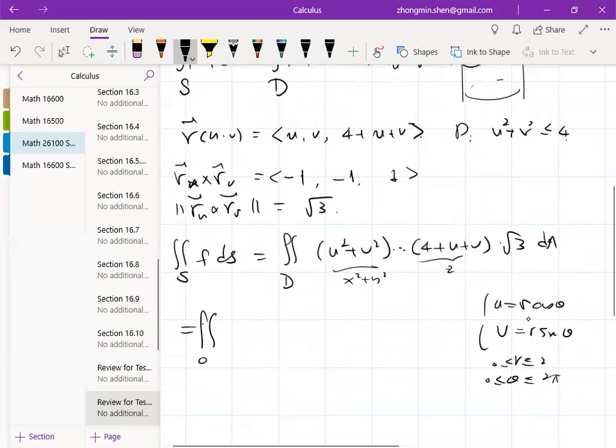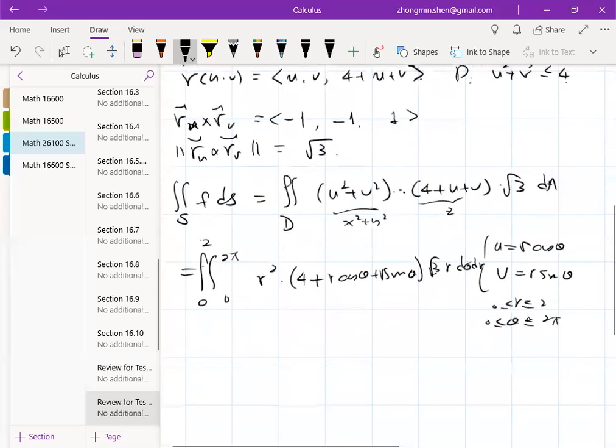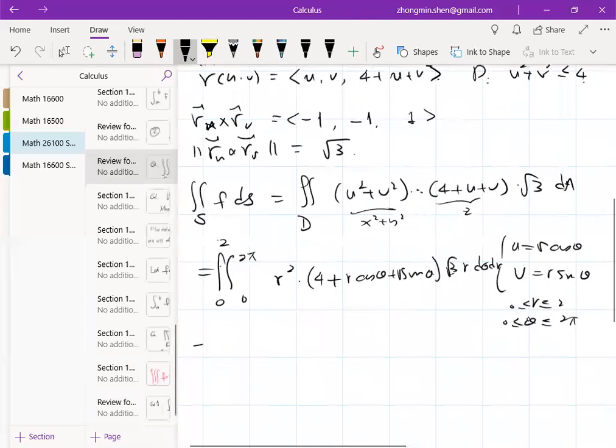And that is going to be 0 to 2, 0 to 2 pi, and here's r squared, and here 4 plus r cosine theta plus r sine theta. Okay, square root of 3, and here r d theta dr. So what you can do, this is an iterated integral. You can evaluate.